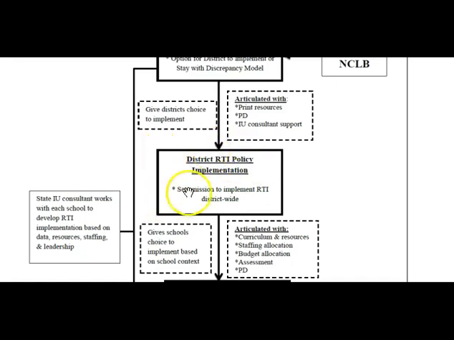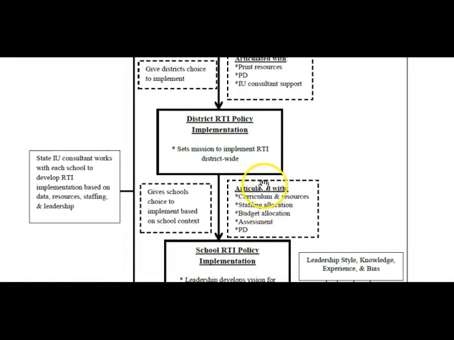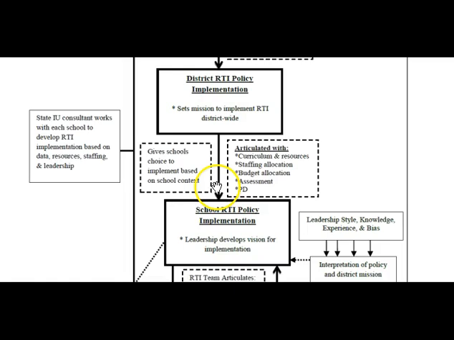So from the district implementation, we see that the district will then often give the schools that information. So the schools in the districts then have the ability to articulate at the local level how the policies and curriculum get enacted at the school level.